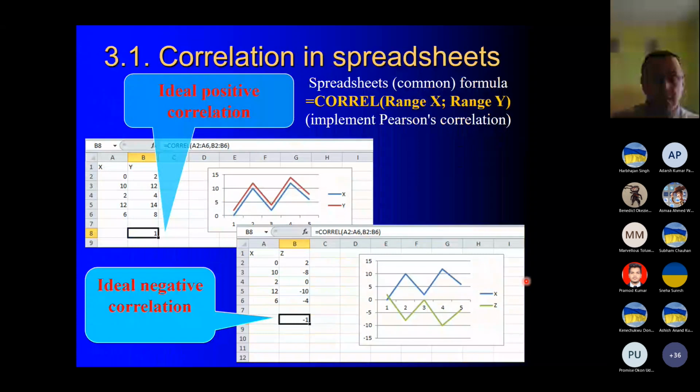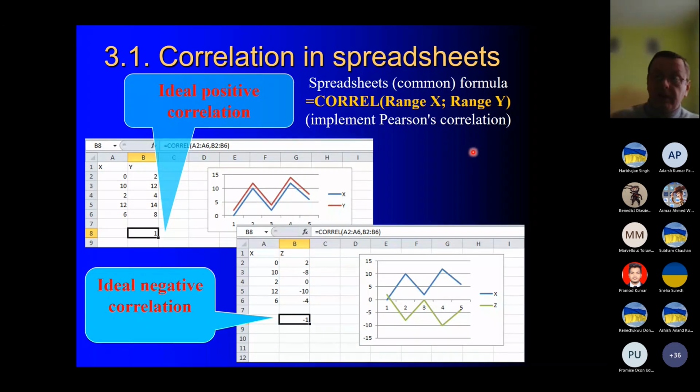If we are talking about a practical solution, as usual I start with a spreadsheet as a simple and widely used application, and definitely it supports the CORREL function, which implements the Pearson product moment correlation.